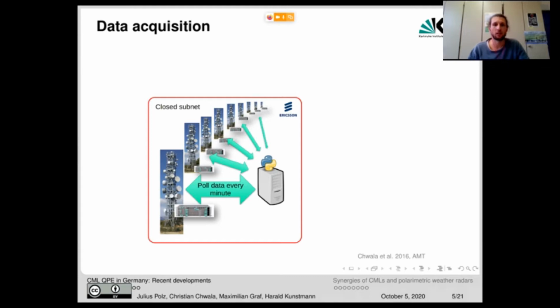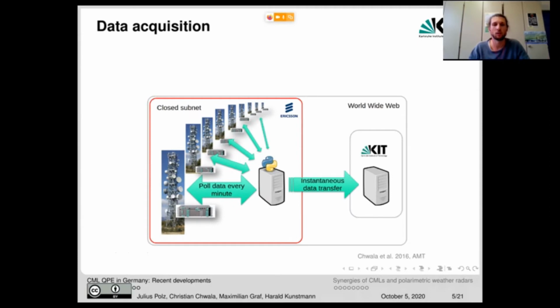We get our data via a Python script that runs within the network of the cell phone provider. That's normally how you get the data. So something has to run inside the network at the cell phone provider. And while this data is pulled every minute, we instantaneously transfer it to a server at KIT.